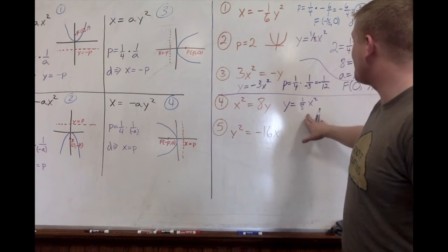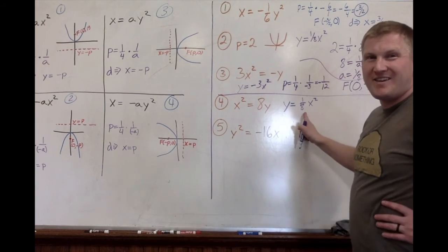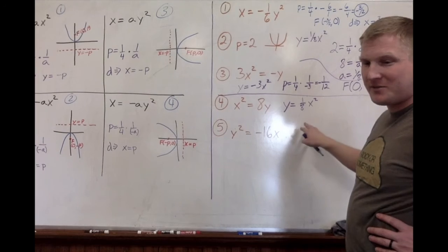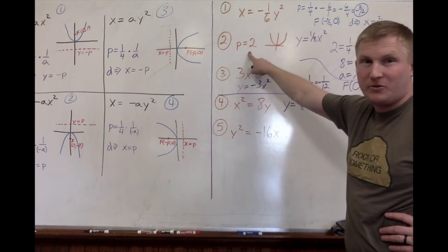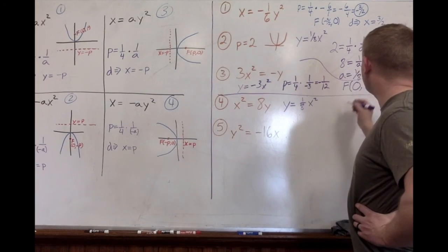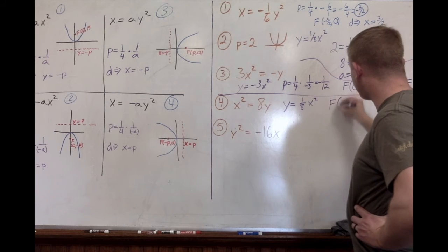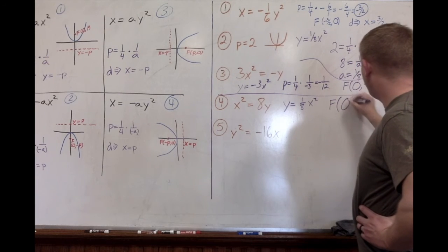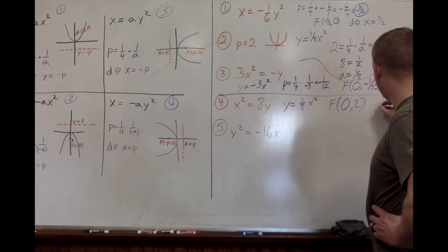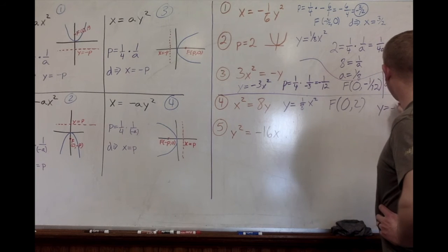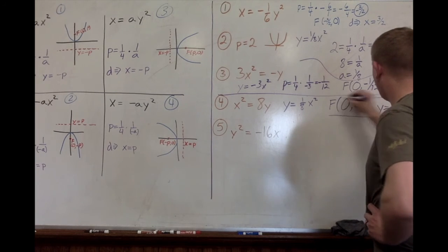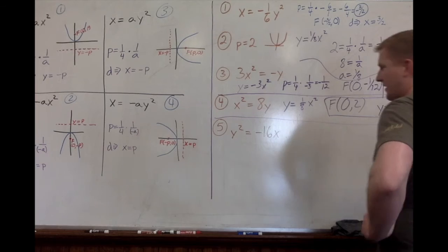So we've already done this one. If A is 1/8, we know that if we do the magic math, we're going to get a P equaling 2. And so our focus point is going to be 0, 2, and our directrix is going to be y is equal to -2. And we're done. Moving on.